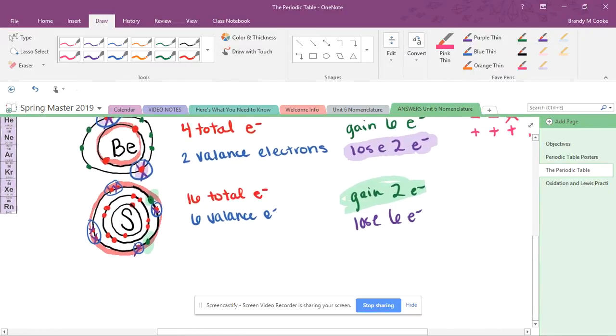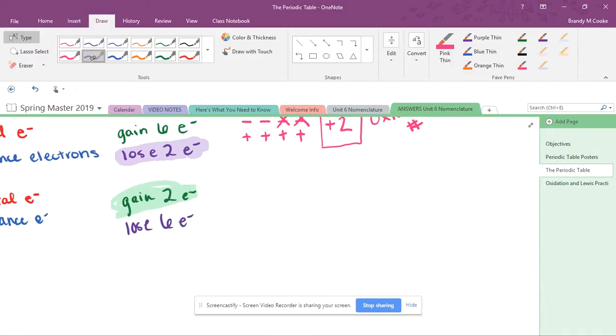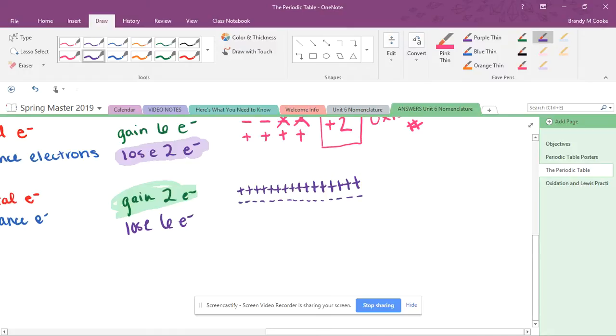So sulfur had how many? 16 total electrons. Here we go. 1, 2, 3, 4, 5, 6, 7, 8, 9, 10, 11, 12, 13, 14, 15, 16. Okay. 16 positives, 16 negatives.